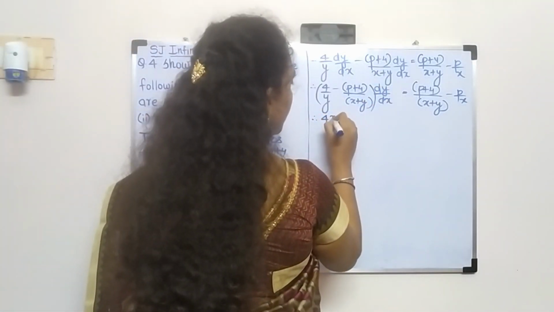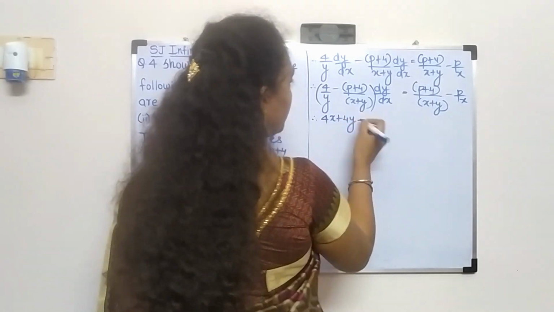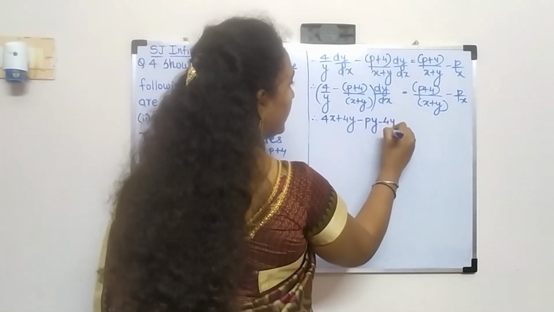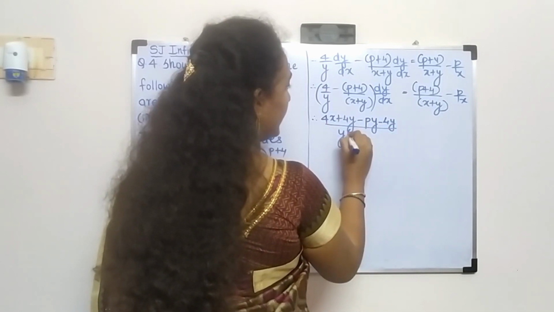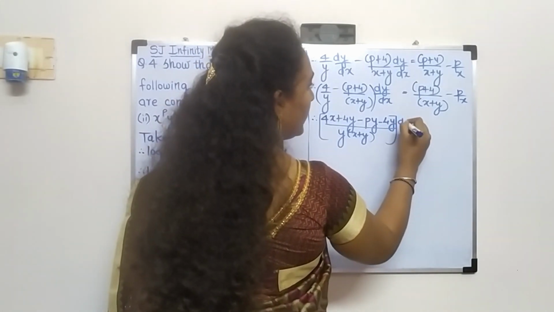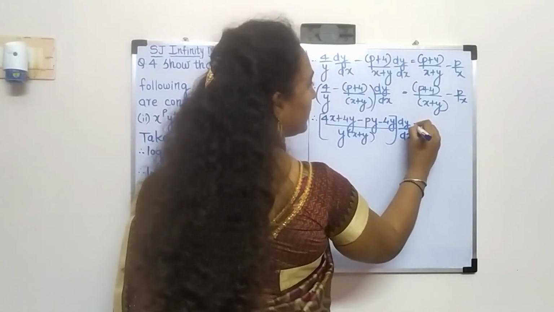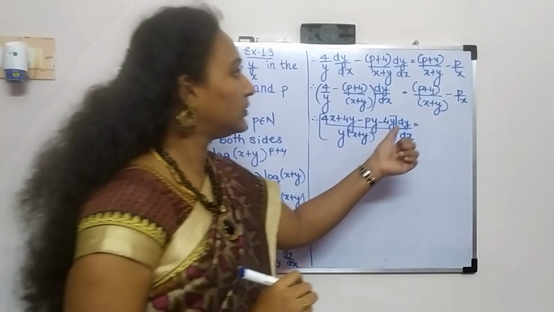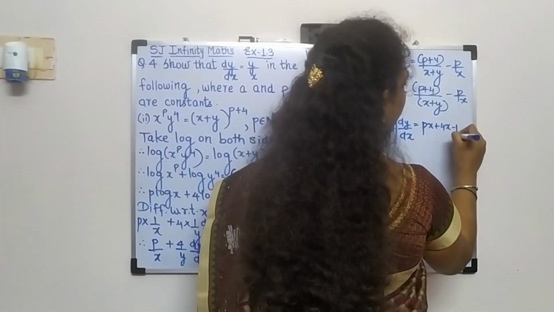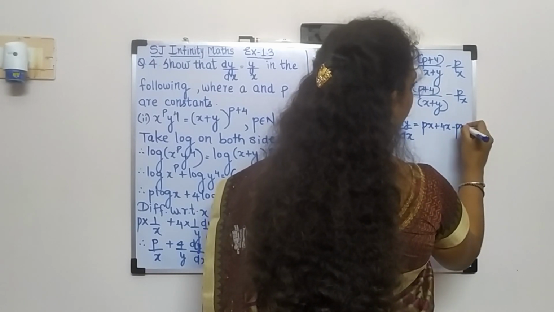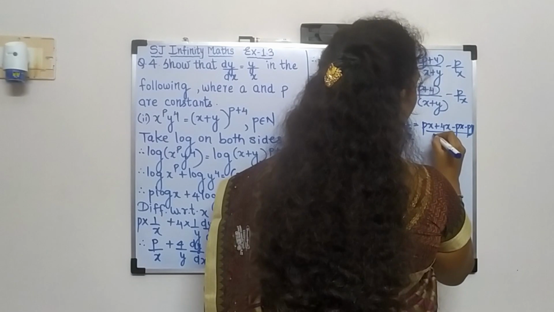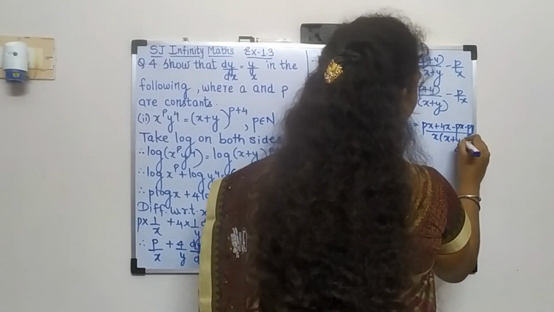Therefore, ((4x + 4y - py - 4y)/(y(x + y))) dy/dx = (px + 4x - px - py)/(x(x + y)).